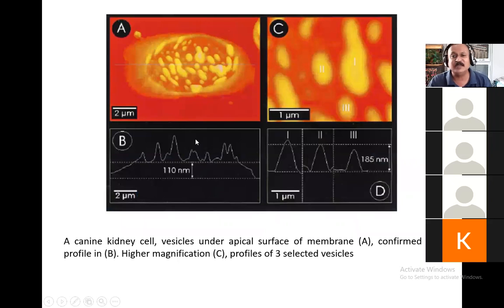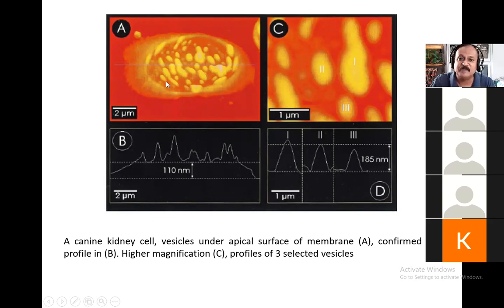This is the image taken for a kidney cell, a kidney cell from a canine. What is shown here is not only the intracellular components of the cell, which are clearly seen here, but you can also see all the measurements.